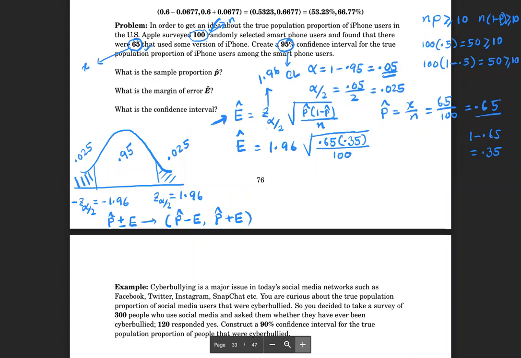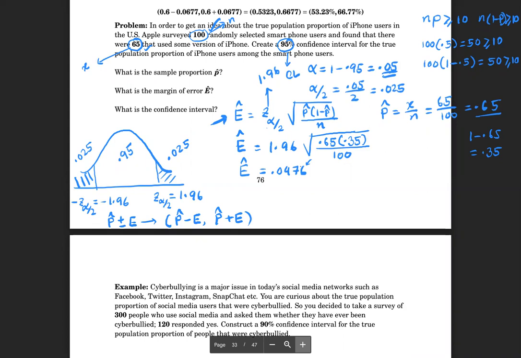Now, if you do this calculation, your margin of error is going to be, so let's do the calculation. 0.65 times 0.35 divided by 100, to the power 0.5, which is 0.0476. If you round it to this digit, it's going to be 0.0477.